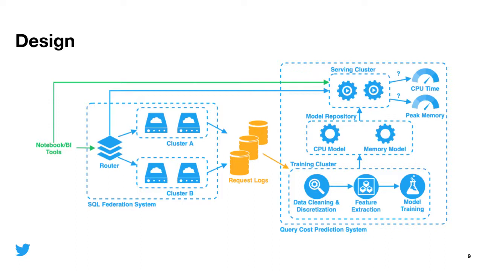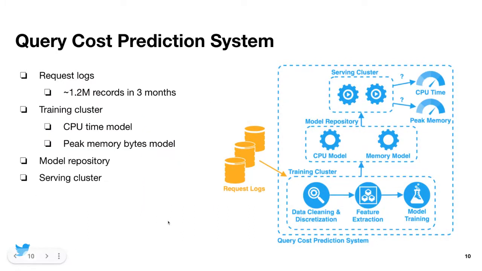And then our SQL query cost prediction system will use these query logs to train some models and for serving the models. From our observation, we find that the logs in the latest 3 months can be a good indicator for the model training. Such a typical workload usually contains around 1.2 million records.